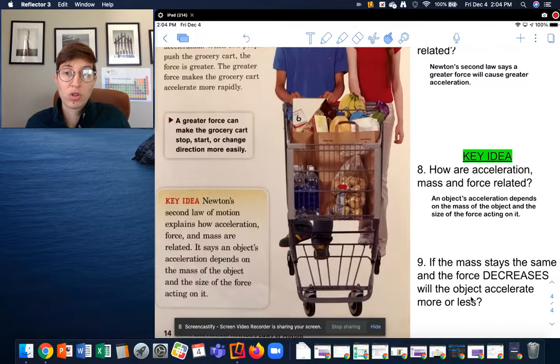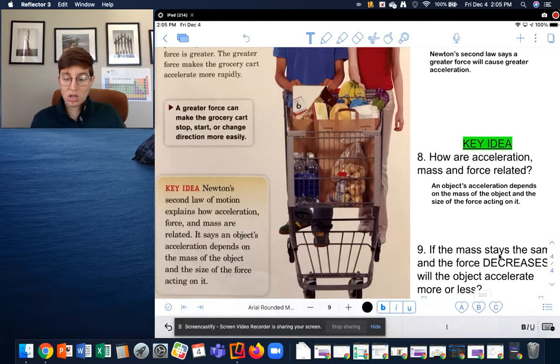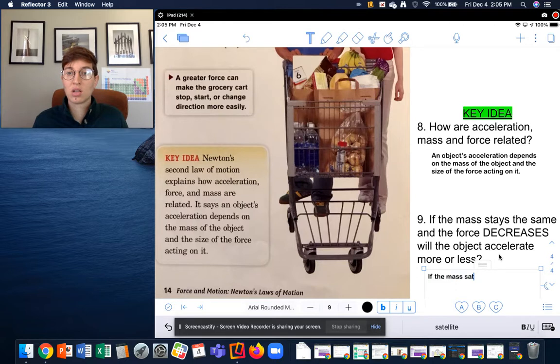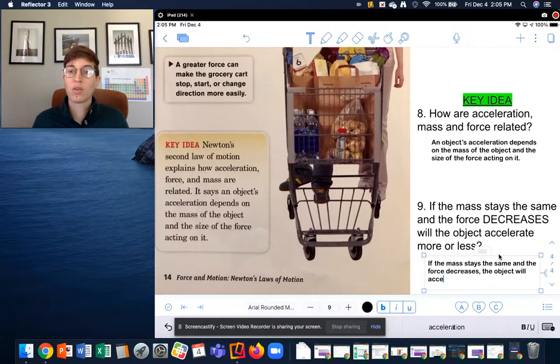Will the grocery cart accelerate more or less? So if our force decreases, it's going to accelerate less. So we can say if the mass stays the same and the force decreases, the object will accelerate less.